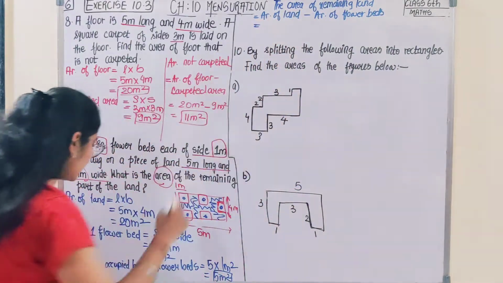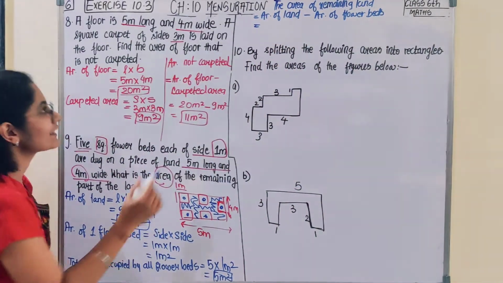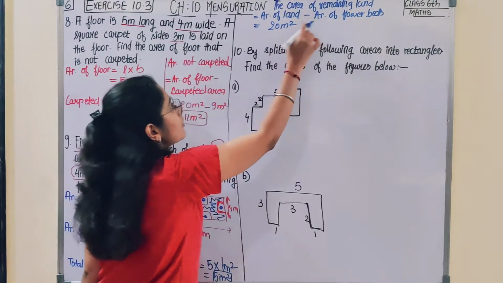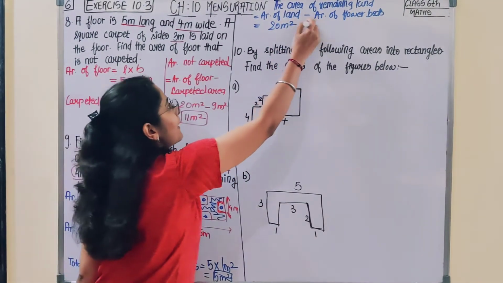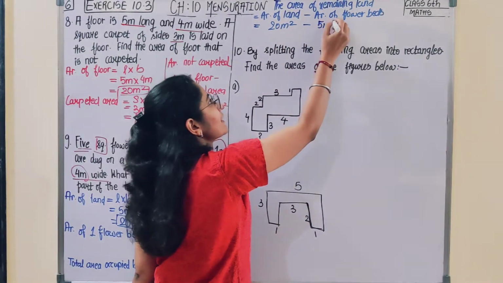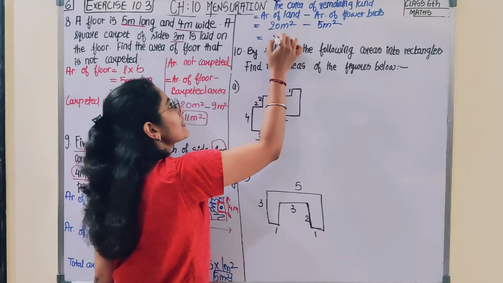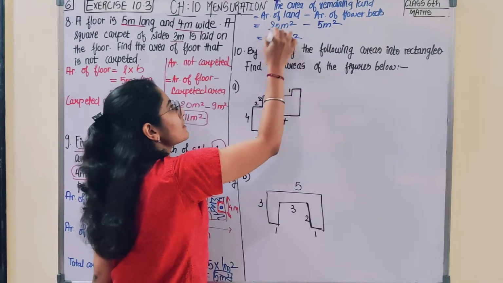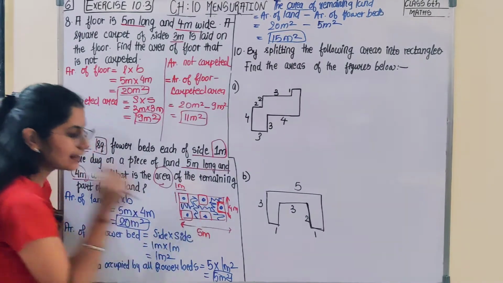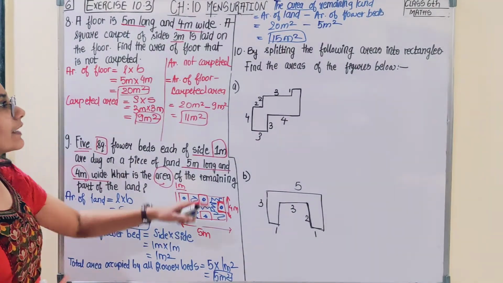So area of land which we calculated is 20 meter square minus total area of flower beds is 5 meter square. So 20 meter square minus 5 meter square. So 15 meter square is the area of the remaining land. Okay, moving on to next.